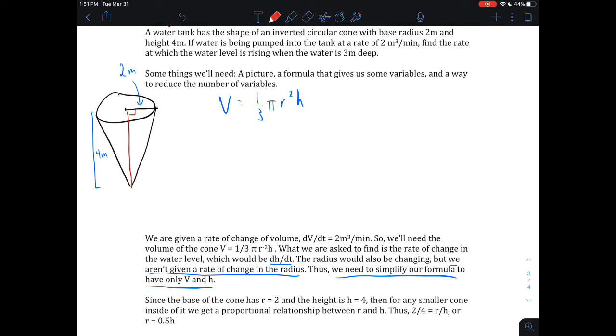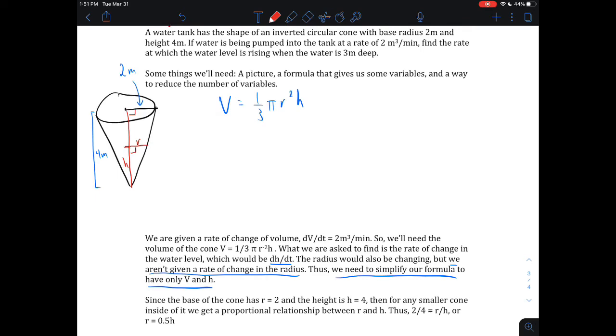If I have any smaller cone inside of that, then I would get a smaller right triangle. And that smaller right triangle would have radius r and then height h at any point, like if we were just filling it up with water.